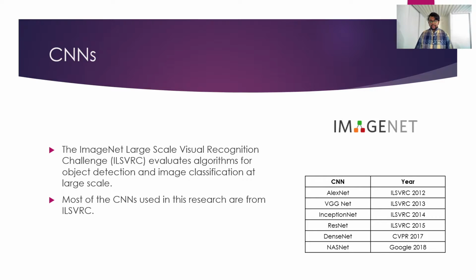Many research labs and companies try to develop different architectures, different sorts of CNNs, and they have been coming out in different years through this competition and also some other conferences. We went to their website and found all these architectures, and we used them. There are many other architectures available. I just mentioned a few here, and we use them in our research.